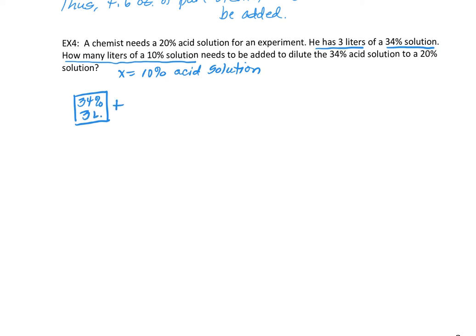We're going to add the 10% solution, so very similar to our last one, just different words, and that's x liters. Once we do that, that will be equal to the 20% acid solution that we're looking for, right? And similar to the previous one, the amount of liters would be x plus 3.